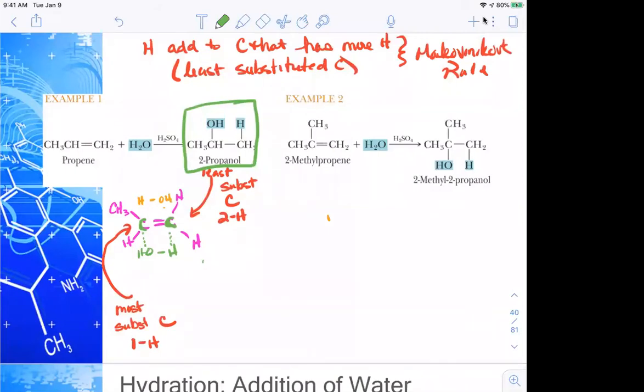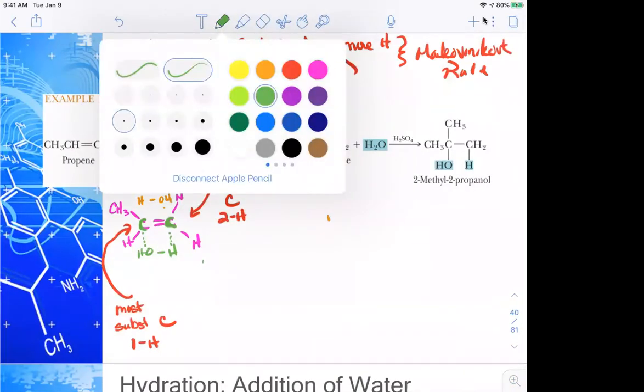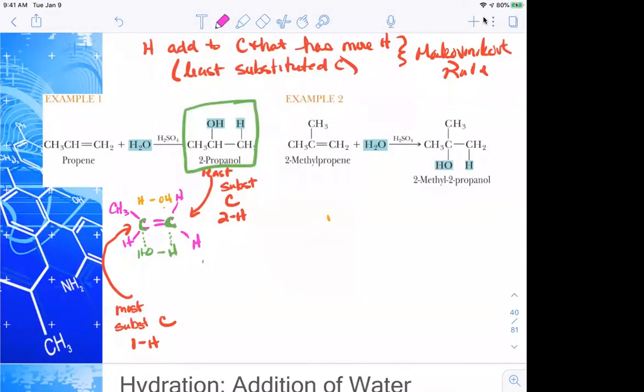Again, if I look at this example over here, I have CH3, CH3, CH2. This carbon has 2 hydrogens. This carbon has 0 hydrogens. So my hydrogen is going to want to add to this side.